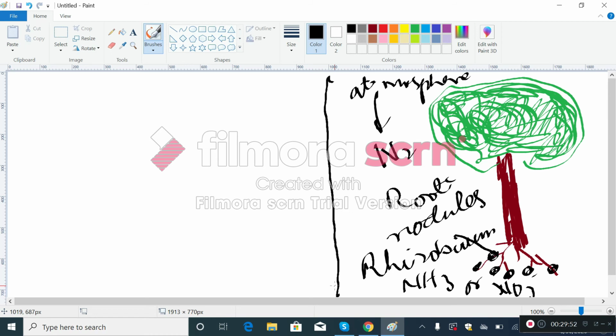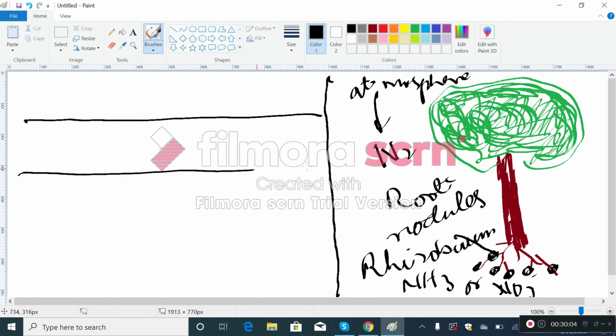These are the bacteria which are actually involved in the process of nitrogen fixation. These bacteria will use nitrogen. So what we have to write in our answer, let's see.